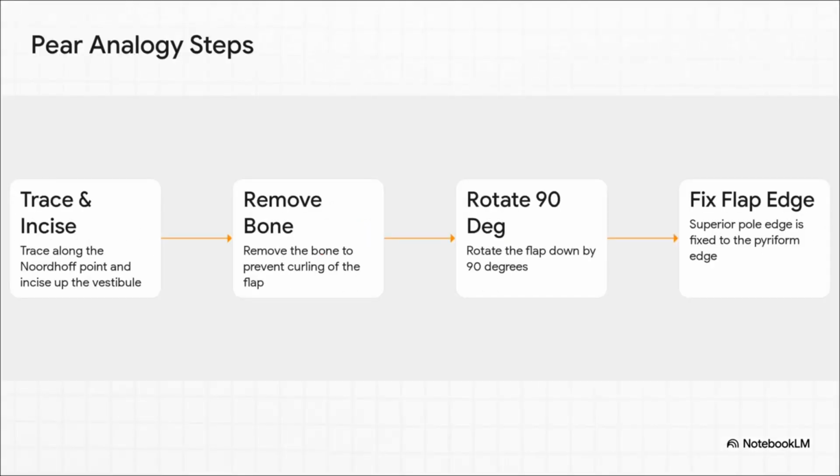You literally trace the skin of the pear, starting right at the Nordhoff point. You carefully remove a little bit of bone so the flap doesn't curl up, and then you just rotate that pear skin down 90 degrees. Finally, you fix the superior pole to the piriform edge, and boom, it perfectly lines the nose and connects right to the turned-over lateral L-flap. It takes a totally daunting reconstructive puzzle and turns it into a perfectly logical sequence.